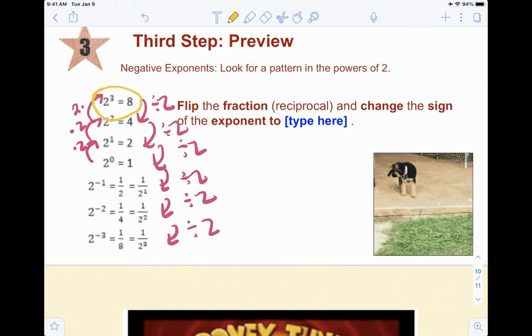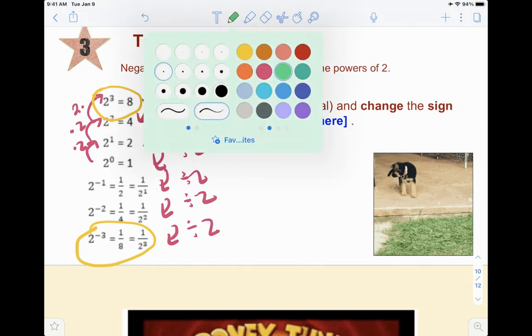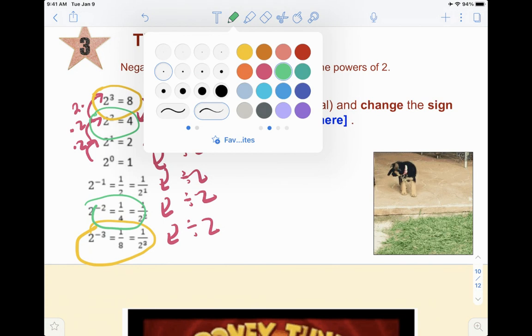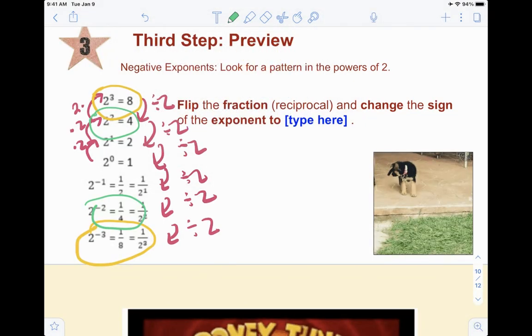So I am hoping that you are starting to see some symmetry. 2 to the 3rd power is 8. And 2 to the negative 3 power is 1/8. 2 squared is 4, and 2 to the negative 2 is 1/4. 2 to the 1st power is 2.